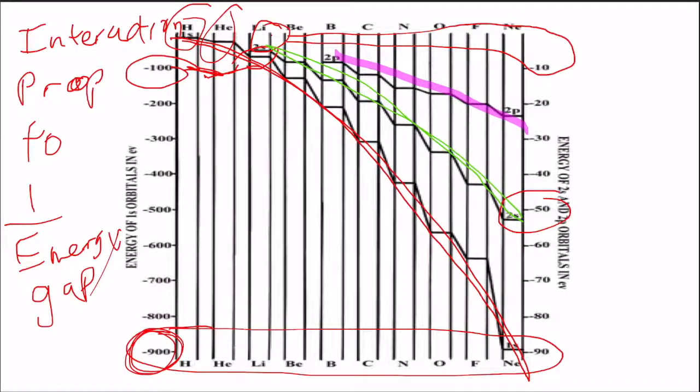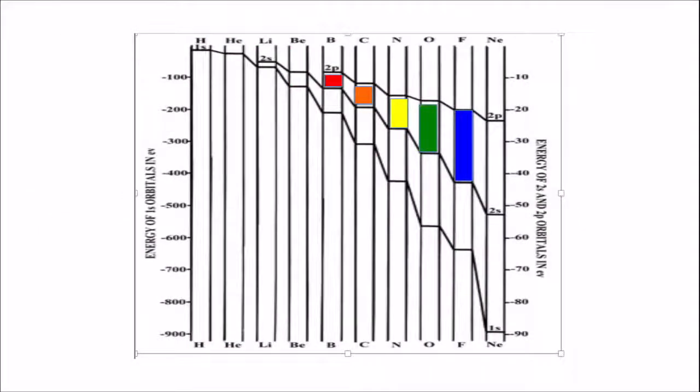What that does is that this forms an energy gap that is increasing. And perhaps this increasing energy gap is responsible for the change that occurs that we were talking about earlier between nitrogen and oxygen. Let's see if that's the case. Here, I am indicating how this energy gap increases, right?